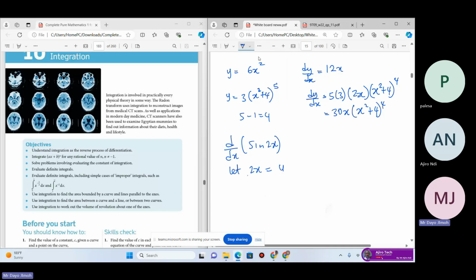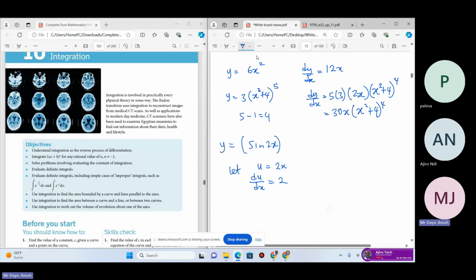So let u equal 2x. So du/dx becomes what? It becomes 2.